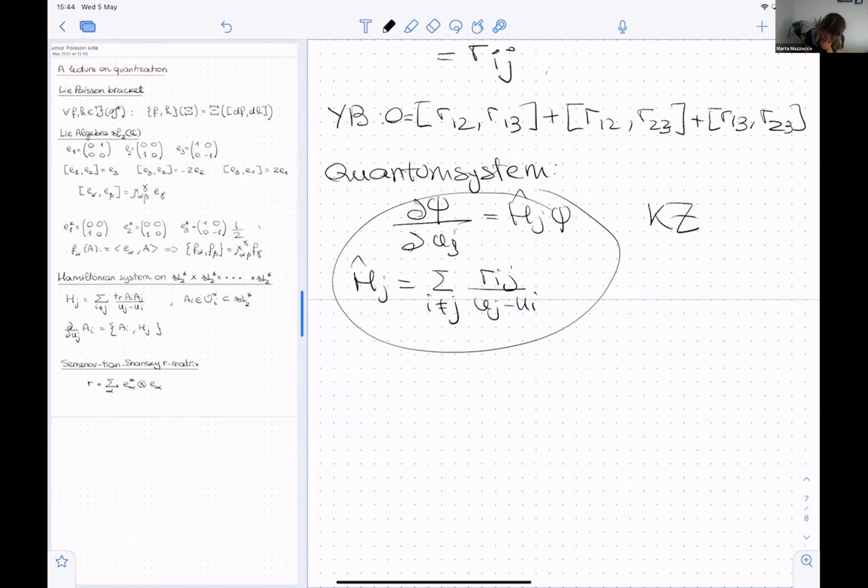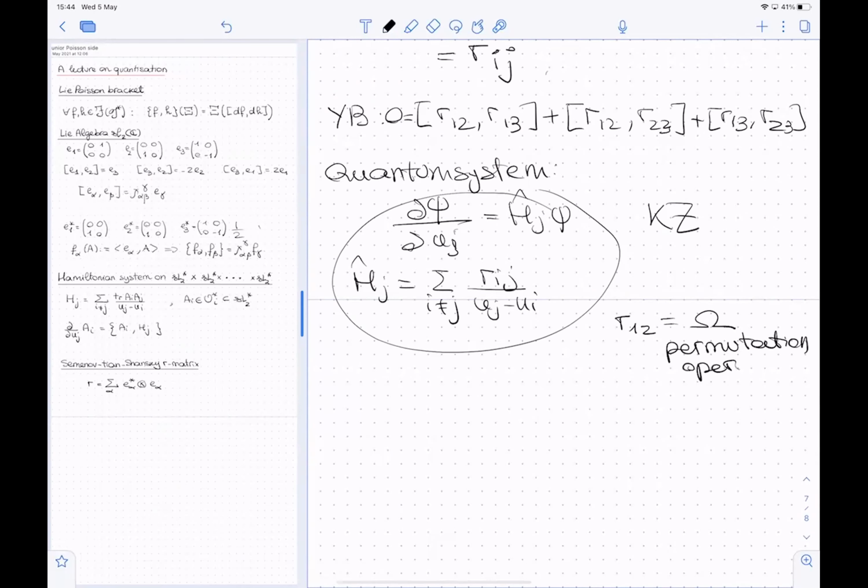So Volodya is saying that this matrix R12 is often denoted in the literature, in the case of SL2, by the letter omega, which is the permutation operator. And this permutation operator definitely satisfies the quantum Yang-Baxter equation. Yes, that's true.